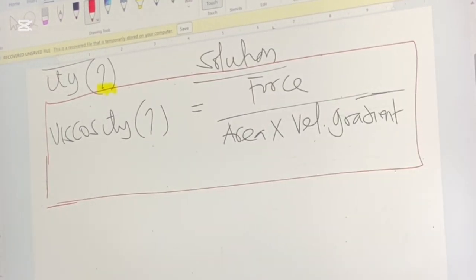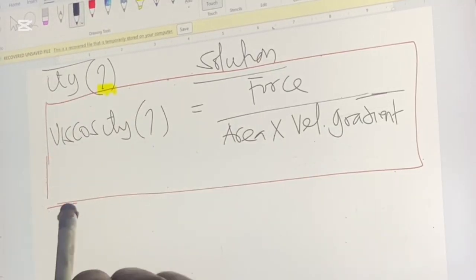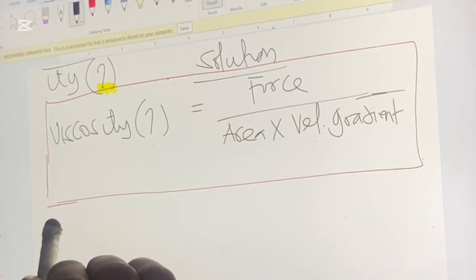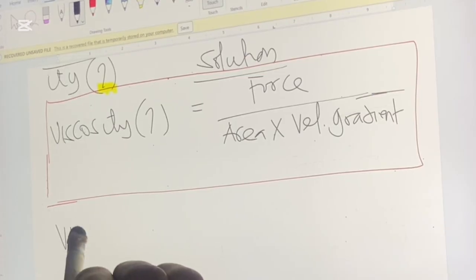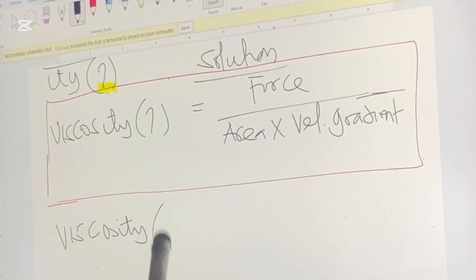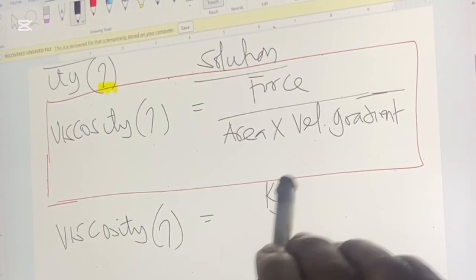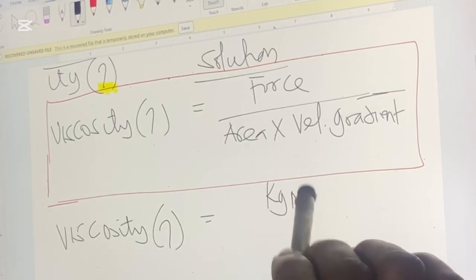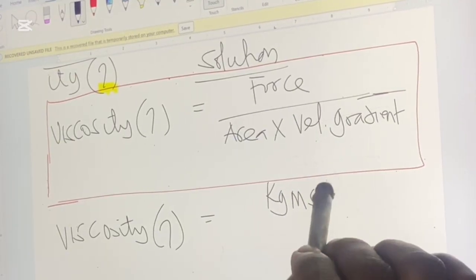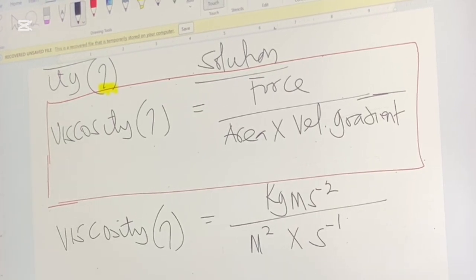We have viscosity, eta, is equal to kg meter per second squared over meter squared times per seconds. Please take note of that.